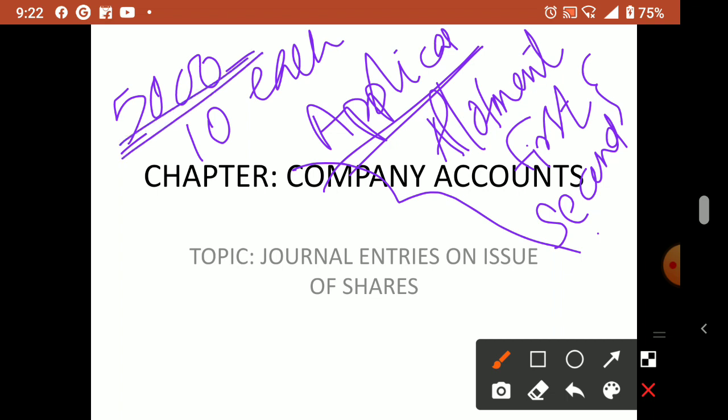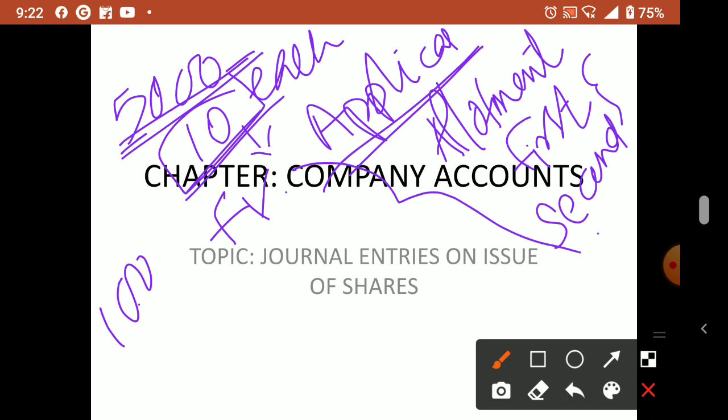Out of these 5,000, how many shares you want to purchase, you can decide. Suppose you want to purchase only 100, then for 100 shares you have to send your money. Rupees 10 each is what we call the face value or nominal value.